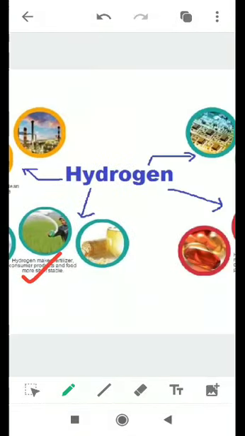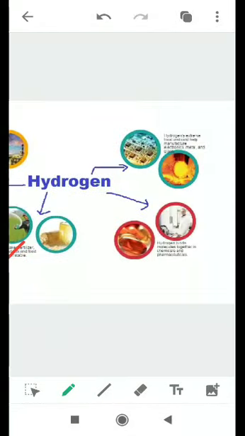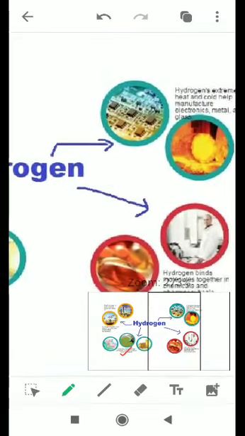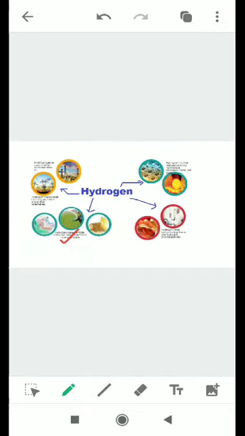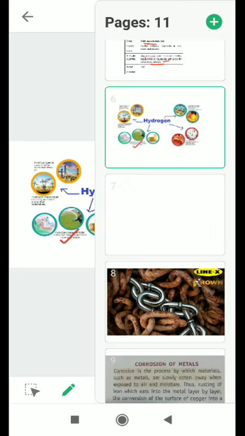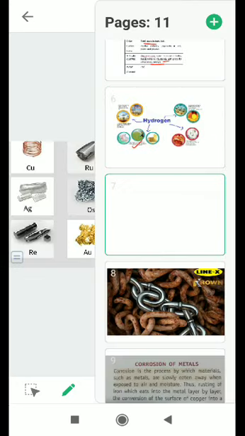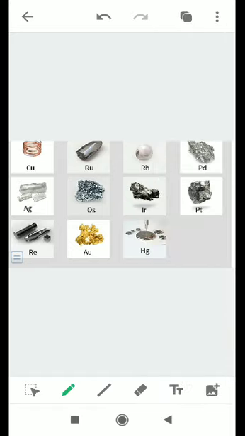It is used as a fertilizer. It is also used for cleaning purposes, and as a fuel in rockets. So it is used in many things. It is also used in the hydrogenation process, to convert unsaturated compounds to saturated compounds. These all are the uses of non-metals.